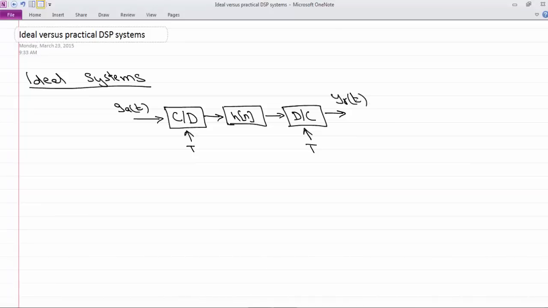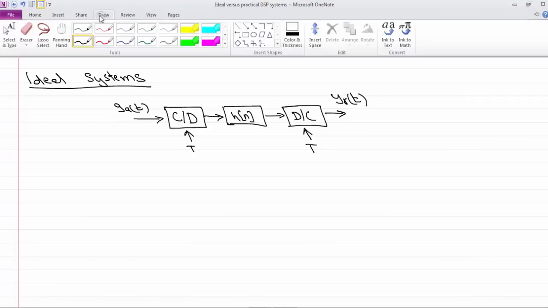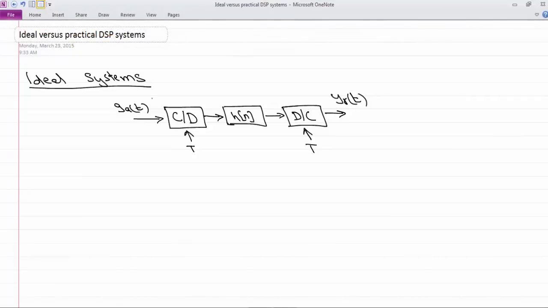Now, a practical system has many issues that we have ignored, for example, in this continuous to discrete block and in this discrete to continuous block.